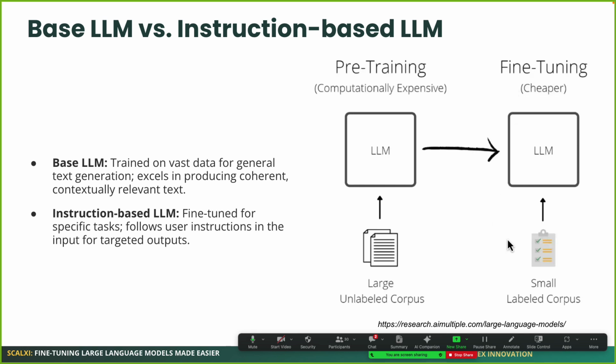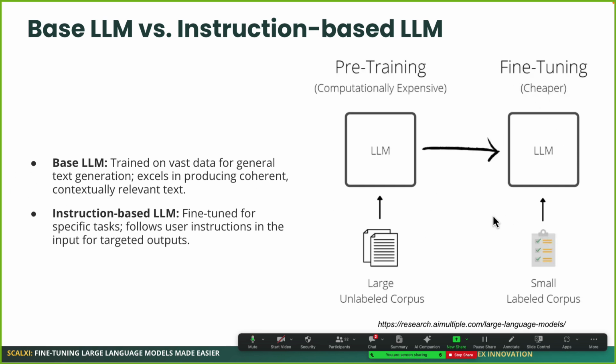So fine-tuning means we retrain the pre-trained model using additional data, but this data in this case is going to be much, much smaller than the large corpus that was used before to build the pre-trained models. And this will allow us to add additional capabilities to the fine-tuned model.